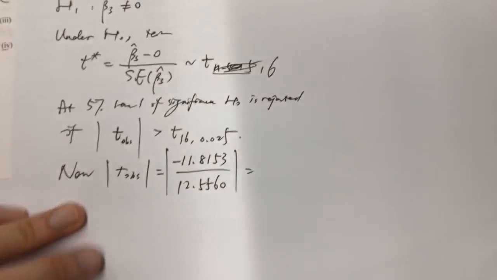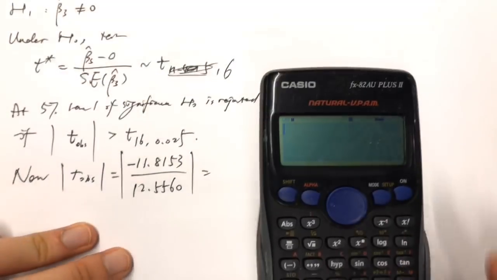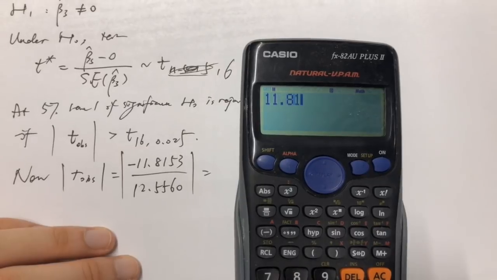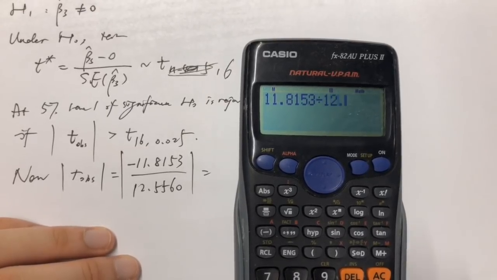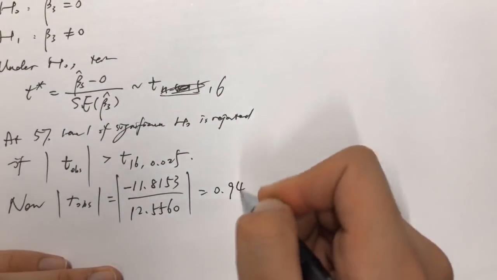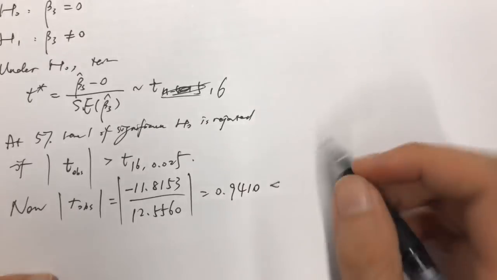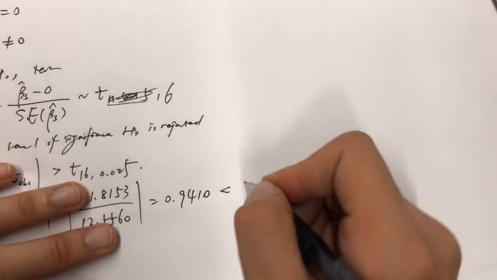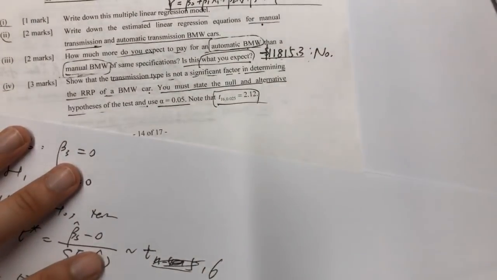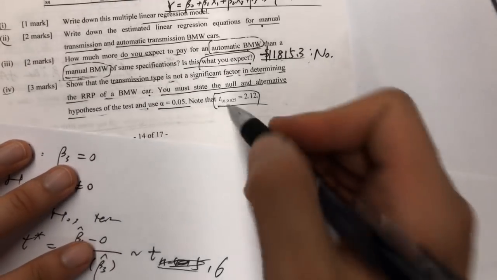So 11.8153 divided by 12.5560 is finally 0.9410, and it's definitely less than 2.12, right? And it tells us the critical value is 2.12. Or you can just go to the table and calculate the result.